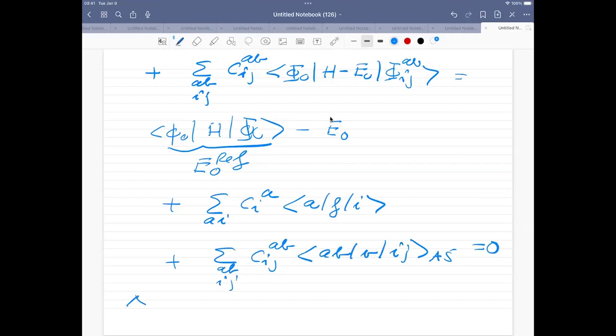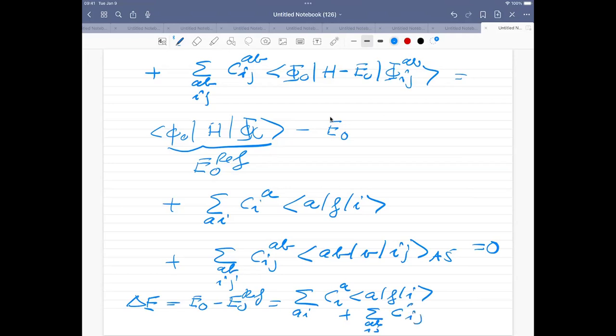So we had then that delta E is equal to E0 minus E0 ref, which is equal to this very compact expression of CIA of A of F of I, plus the final term, which is a sum of AB IJ, CIJ, AB, and then I have AB of V of IJ anti-symmetrized.